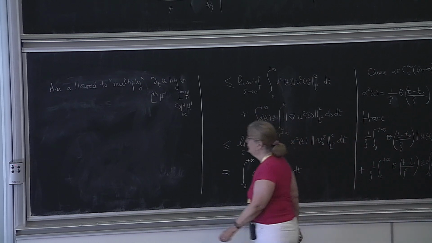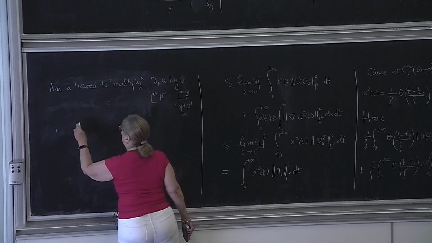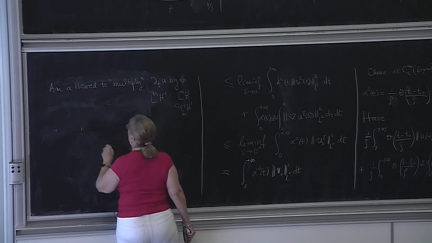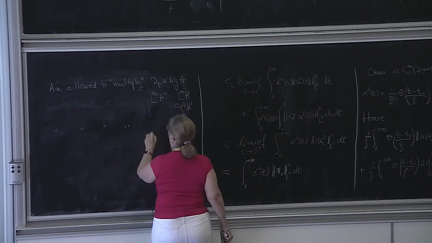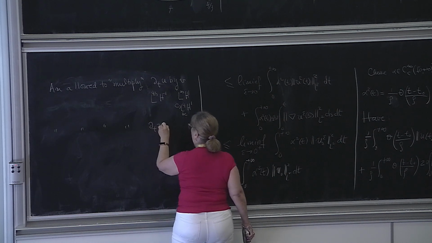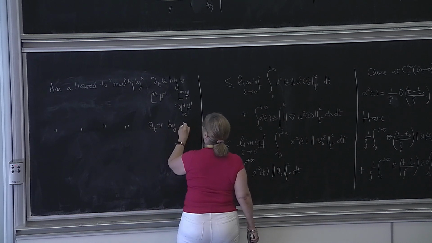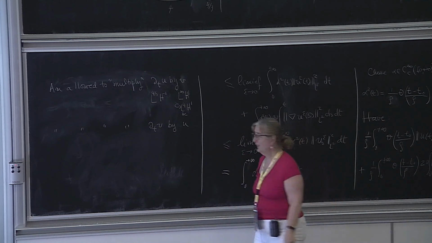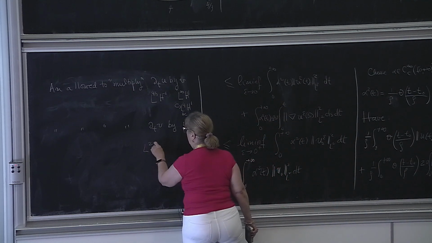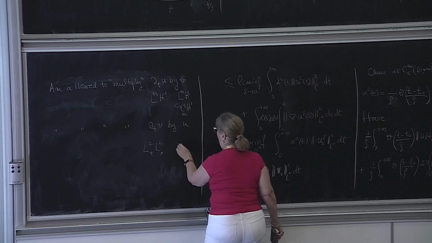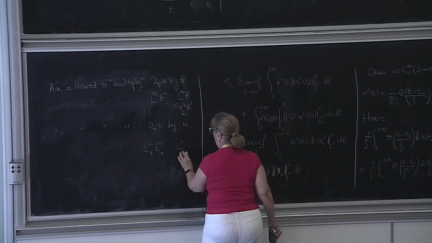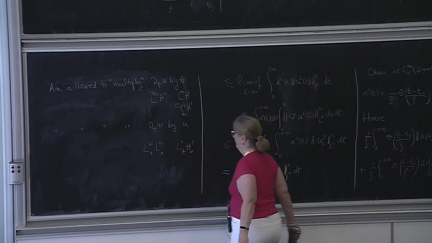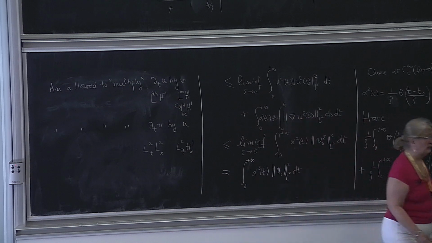I am also allowed to multiply d_t v by u, because d_t v, as we saw, belongs to L2, L2, so there's more than enough space to multiply by u, which belongs to L2, H1.